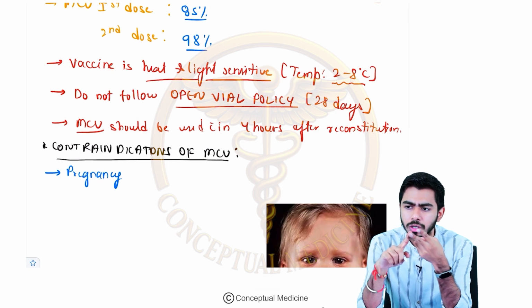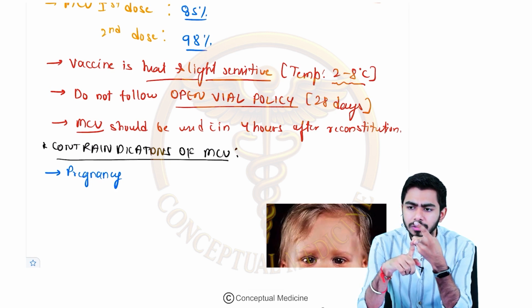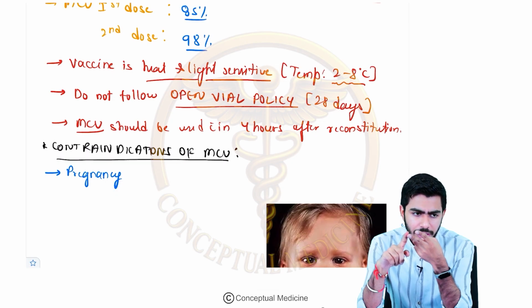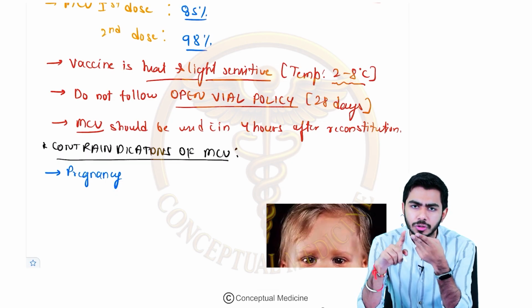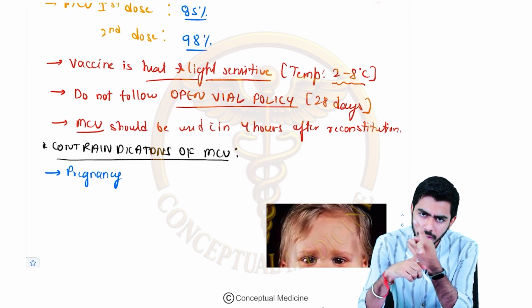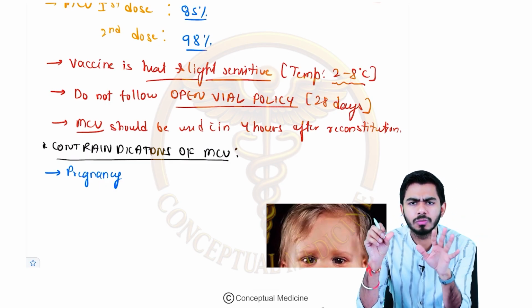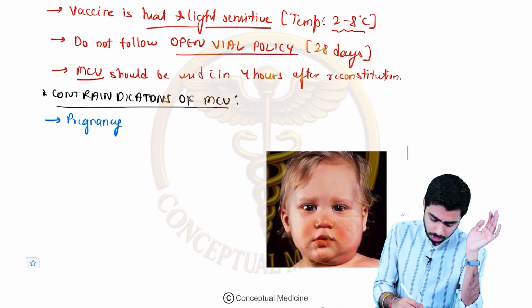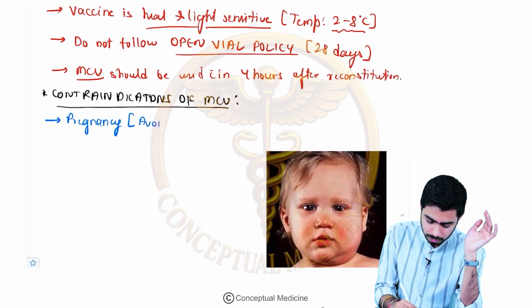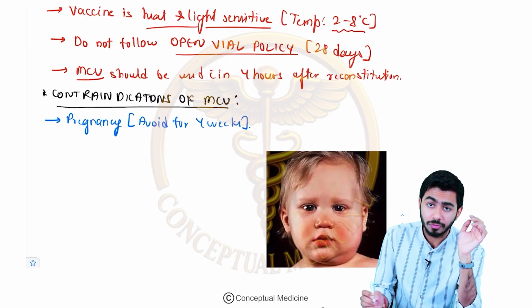We should not give it to those patients who should be getting blood products, or we tell the patient that they should not get blood products transfused for about 3 to 6 months. So avoid blood transfusion for about 3 to 6 months. Pregnancy, avoid for 4 weeks after getting this vaccine.